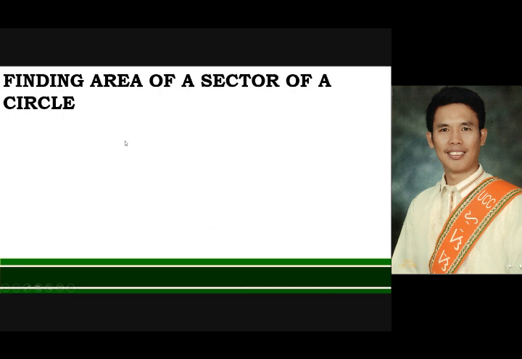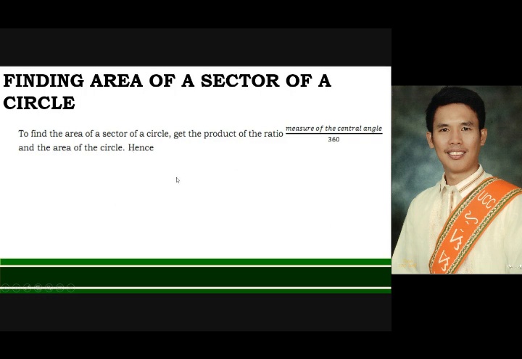So, paano ba natin kukunin yung area ng sector ng inyong circle? First, sabi rito, to find the area of the sector of your circle, kunin daw natin ratio ng angle. So, yung measure ng central angle divided by 360. Or, para mas madali, let us try to use the formula of area of sector.